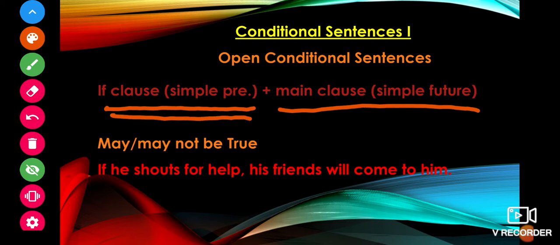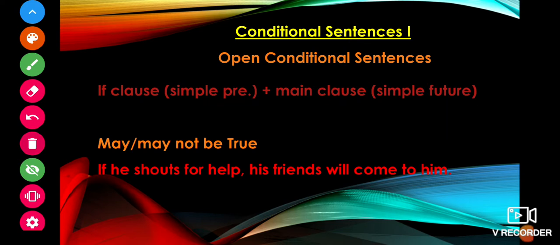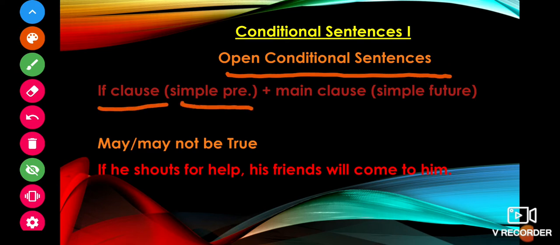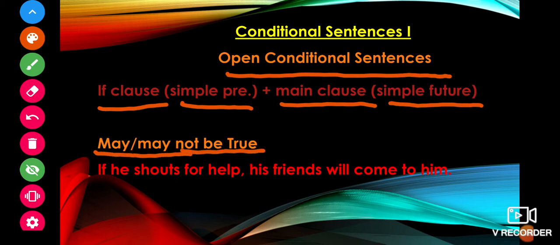Here if clause is the subordinate clause or the dependent clause and main clause is the independent clause. So in open conditional sentences, if clause is always in simple present tense but the main clause is in simple future tense. Now such conditional sentences may or may not be true.